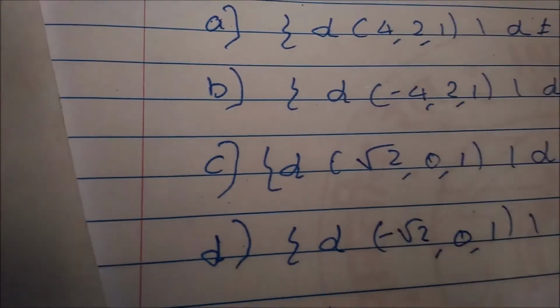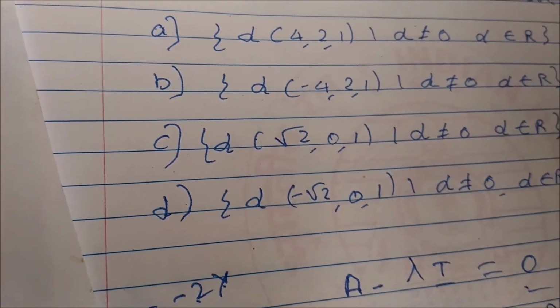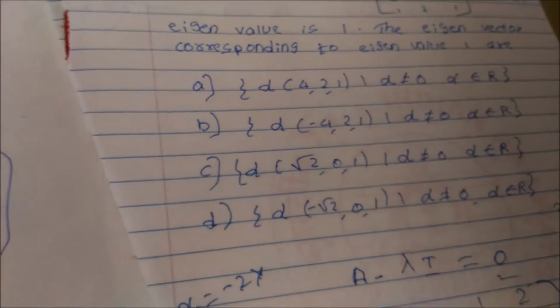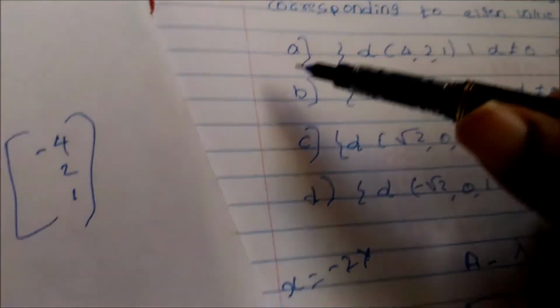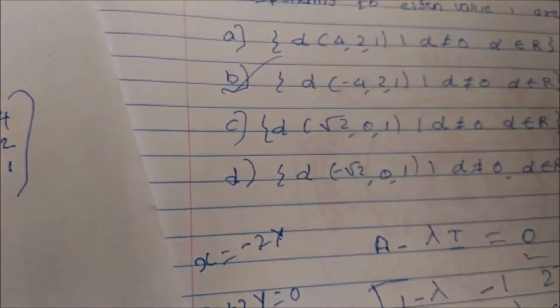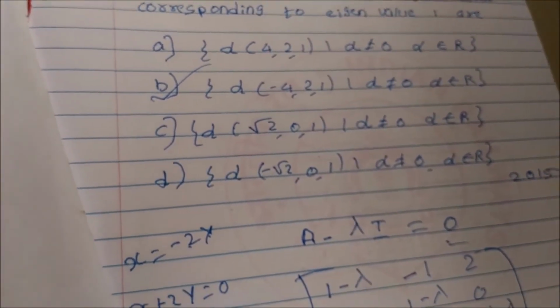Still it does not match. But when we multiply again by minus 1, we get our answer. See, option B matches. In this way we need to solve the GATE question.